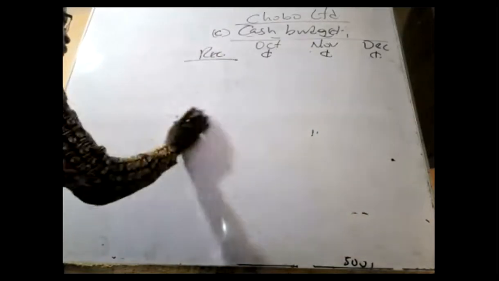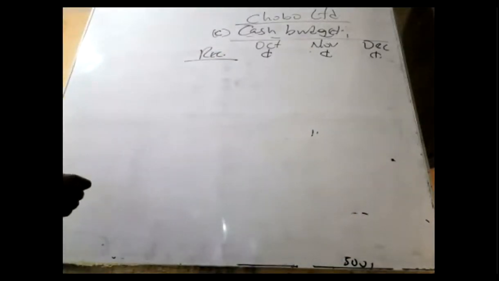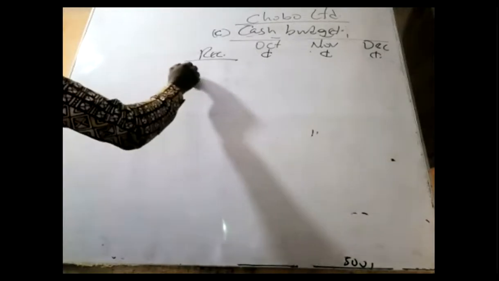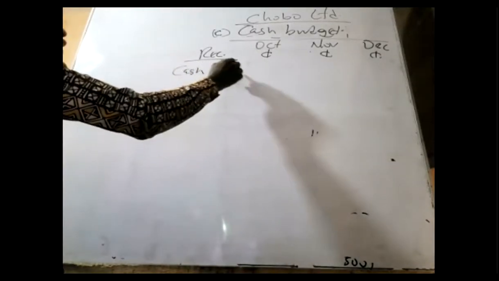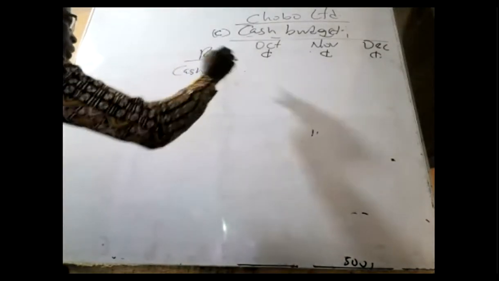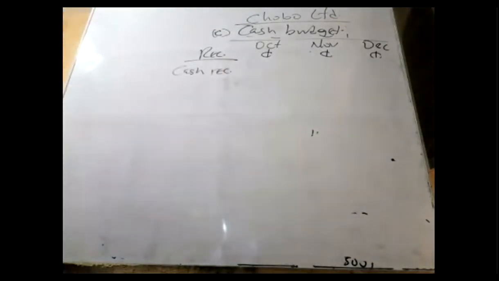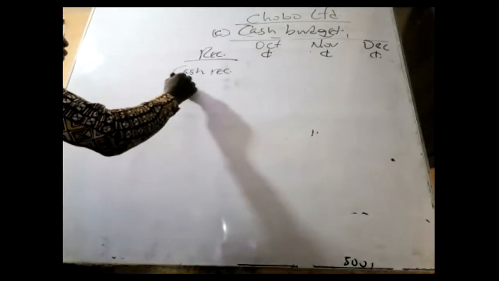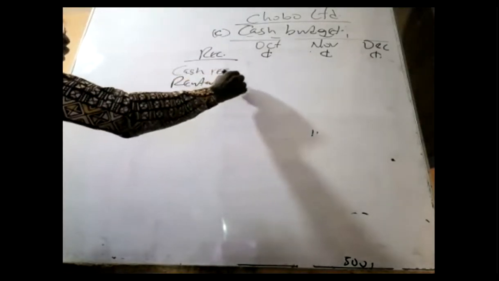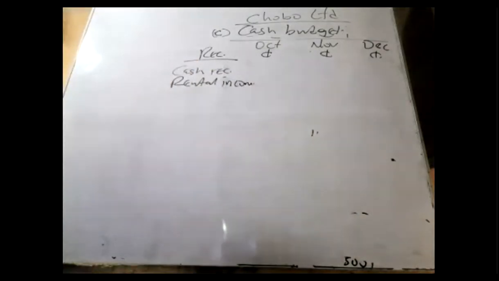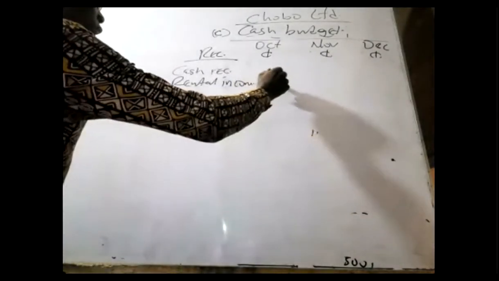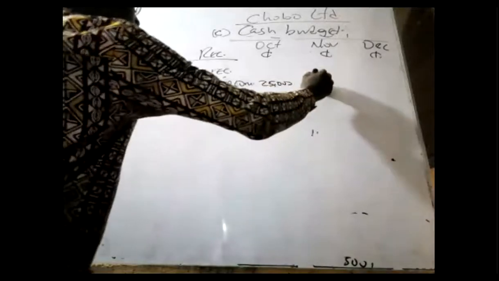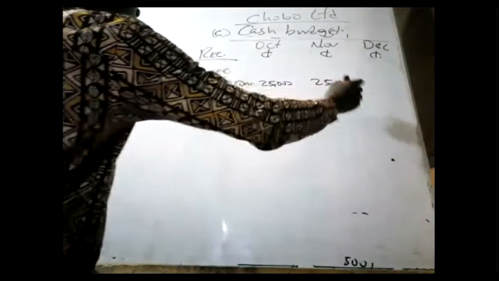Quickly, what are the receipts? Cash received from customers. Then the amount they've received during the year, cash received from customers. In fact, they've also received rental income. They told us 25,000 each month. So I'll record that one first before I continue. The easy ones.